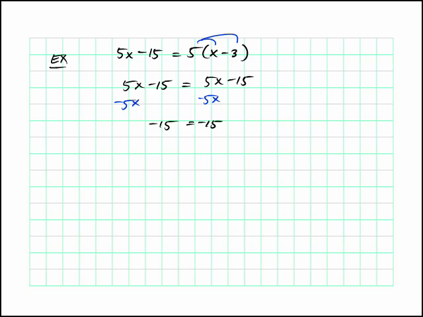All the variables cancel away completely. There's no more variables left to solve for. Well, negative 15 equals negative 15 is obviously a true statement. And when this happens, it means this equation is what is called an identity.